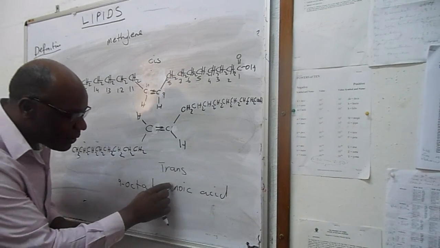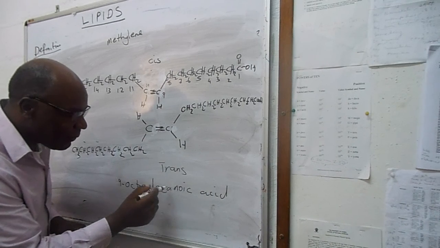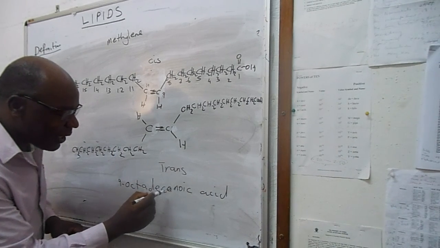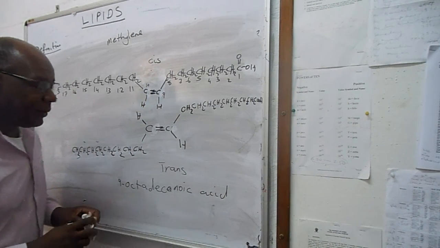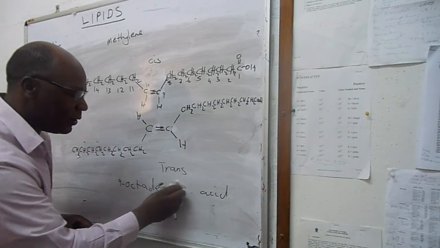Then, take note, in between the A of deca and the N of noic, you put the position of a double bond.